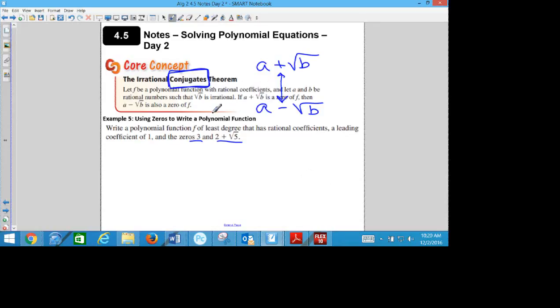The conjugates have the same first term, same last term, different sign in the middle. And you will use this a lot in Algebra 2 and beyond. The word conjugates will come up.